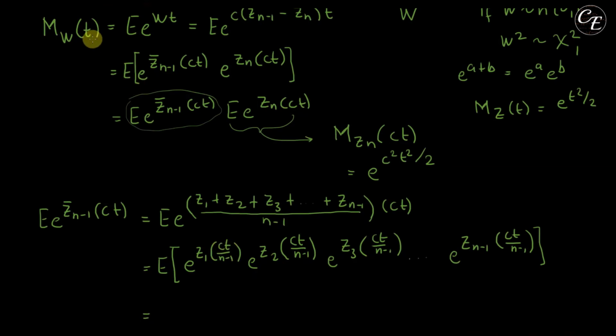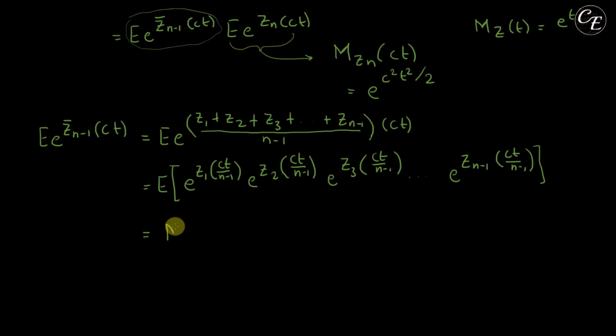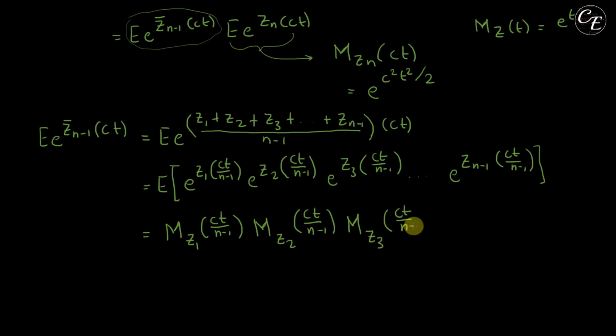So we have here the moment generating function for z sub 1 at ct over n minus 1, then the moment generating function for z sub 2 at ct over n minus 1, and then the moment generating function for z sub 3 at ct over n minus 1, etc., until the moment generating function for z sub n minus 1 at ct over n minus 1.